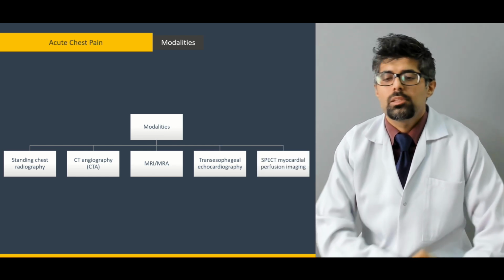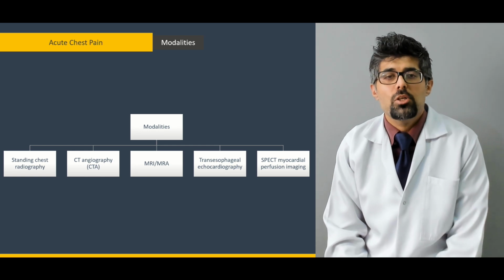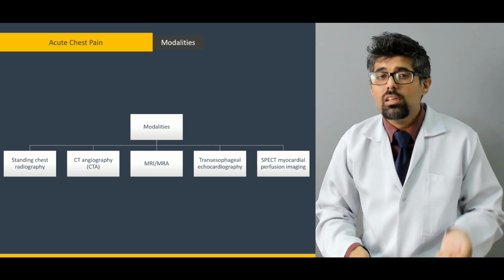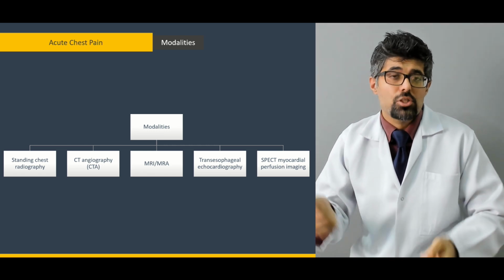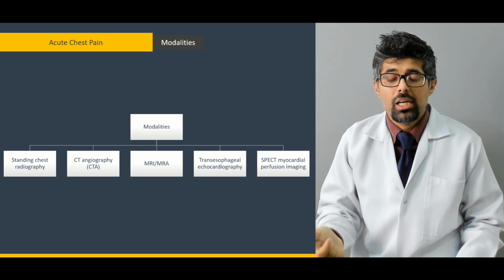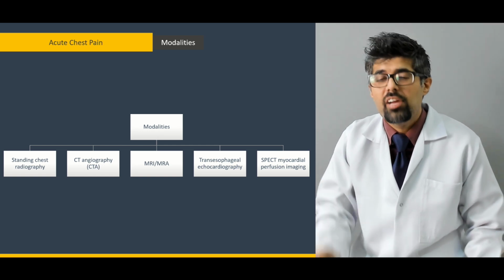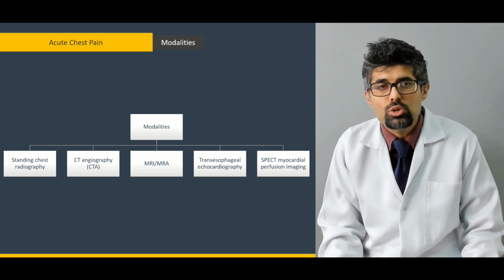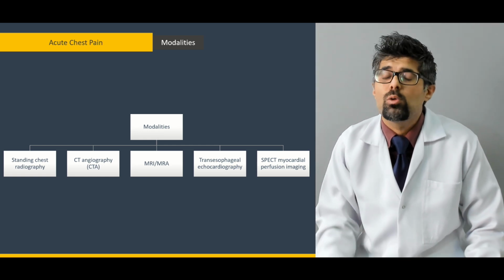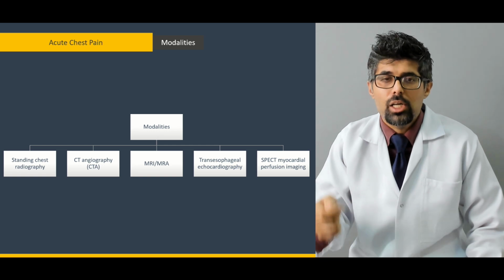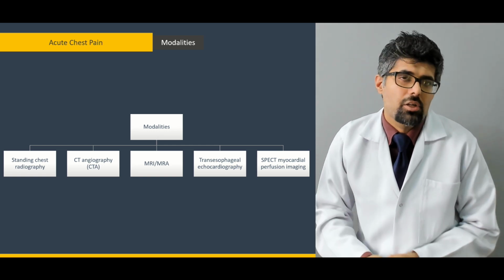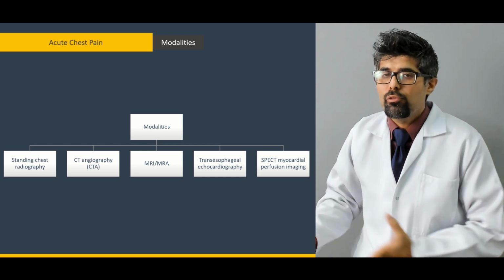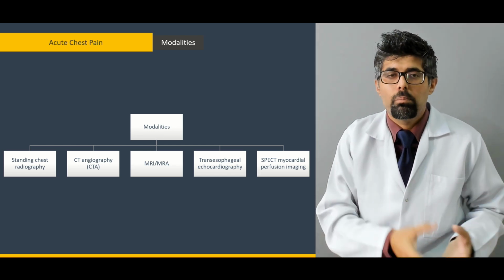Next, we have the SPECT myocardial perfusion imaging. Now, SPECT stands for single photon emission computed tomography. This is a very specialized modality, and it is only used in very, very few circumstances. It is used in those conditions where we could not find out how the perfusion of the patient is compromised.